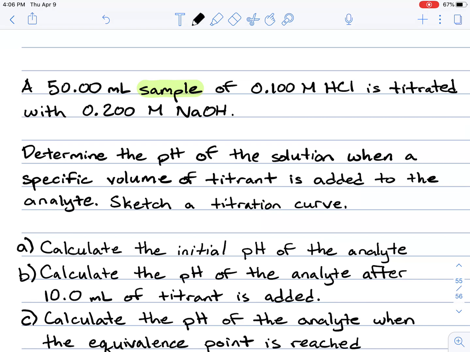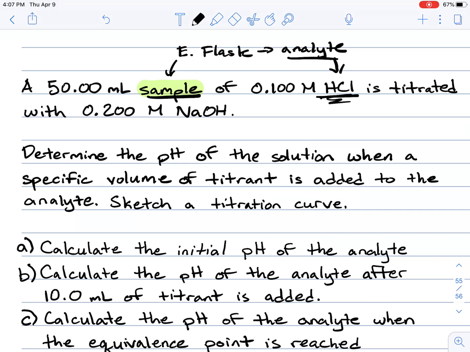The sample typically refers to the substance that's inside the Erlenmeyer flask, and therefore that's going to be our analyte. In this case, the analyte or the sample is referring to the hydrochloric acid. So hydrochloric acid will be our analyte.